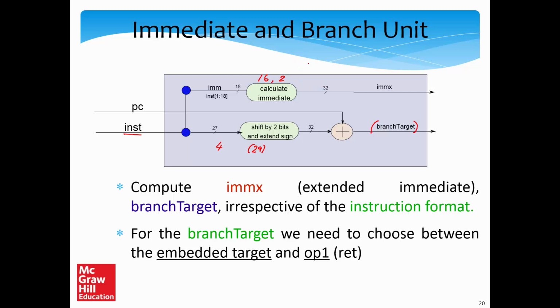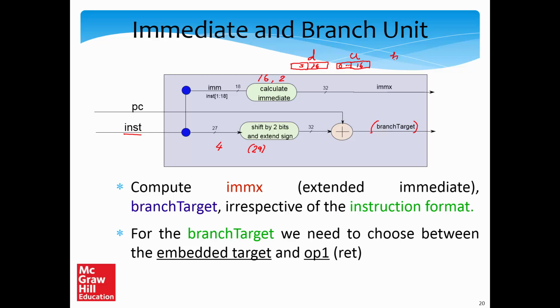Just to repeat, if it's a default modifier, then we take the 16 bits specified and we extend its sign with the sign bit. We sign extend it. If it's the unsigned modifier, we write the 16 bits in the lower 2 bytes, and in the upper 2 bytes we just write zeros.